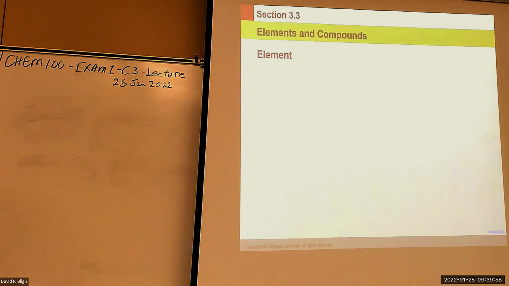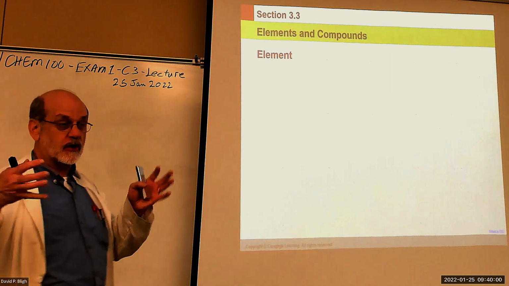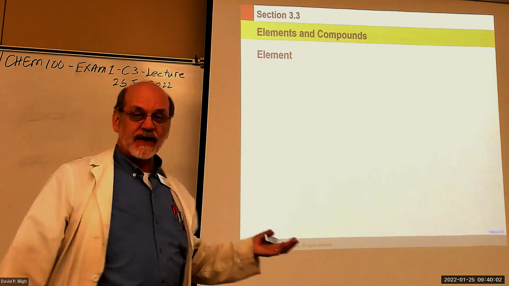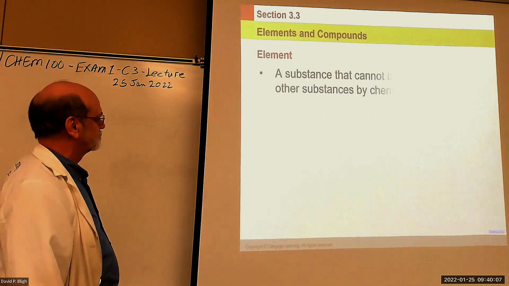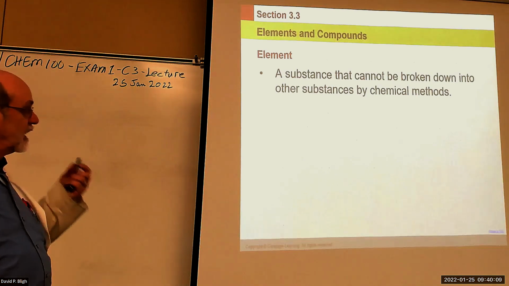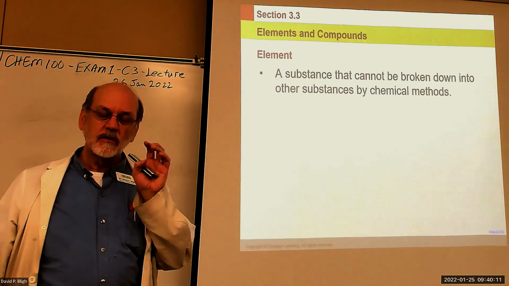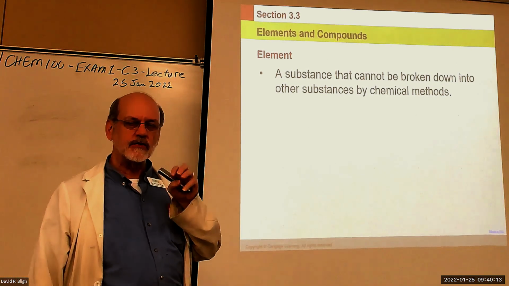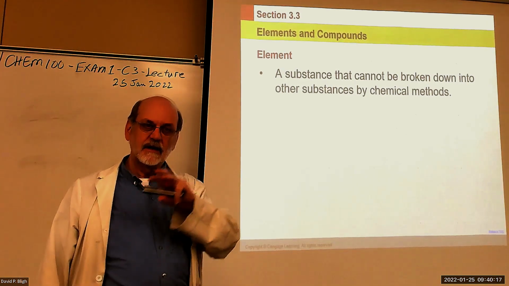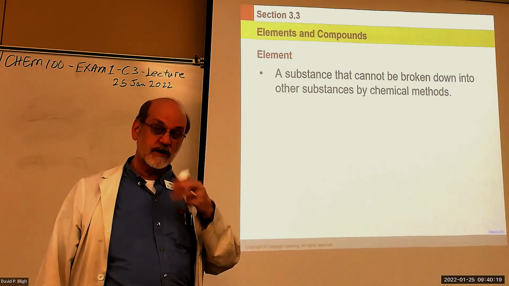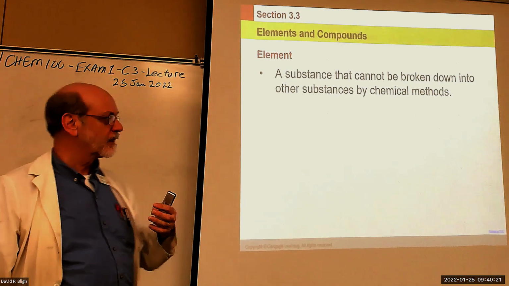Matter that we've defined in general terms is made up of elements. What is an element? Well, we know how to induce physical change and chemical change. So with chemical change, we're going to change the identity.